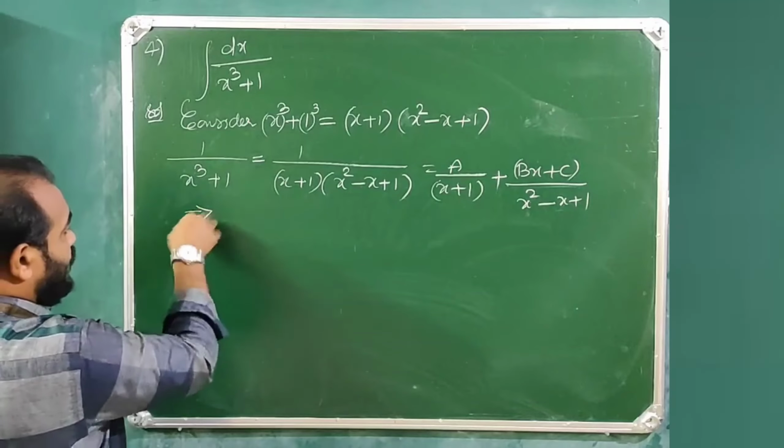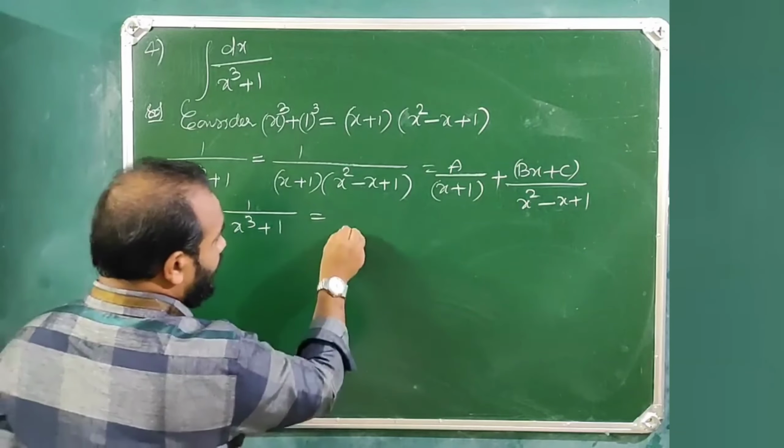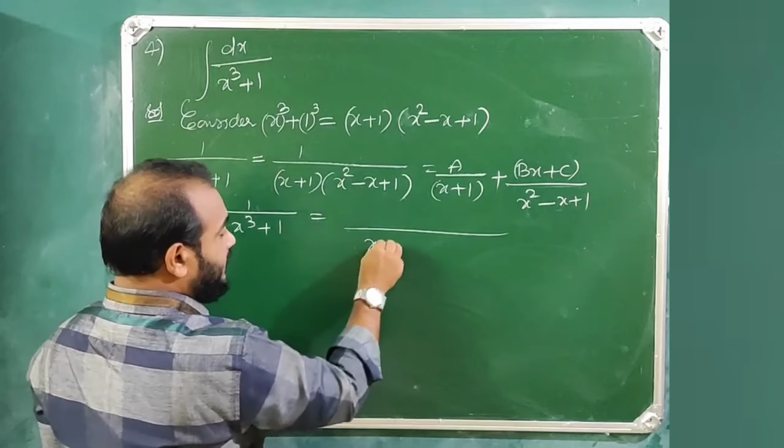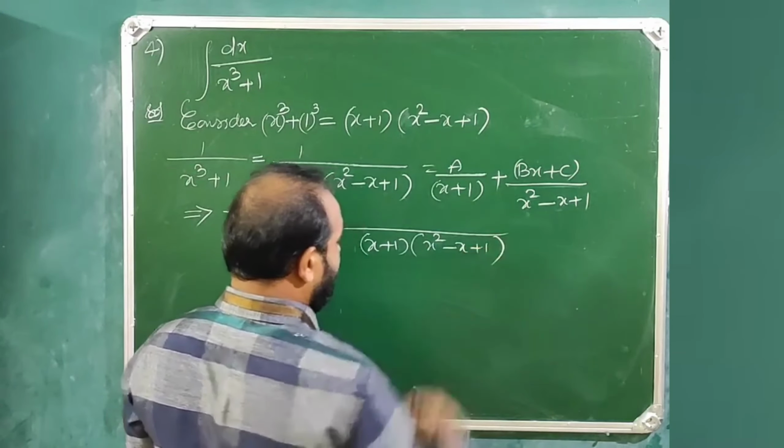So 1 by x cube plus 1 is equal to, the LCM is x plus 1 into x square minus x plus 1.